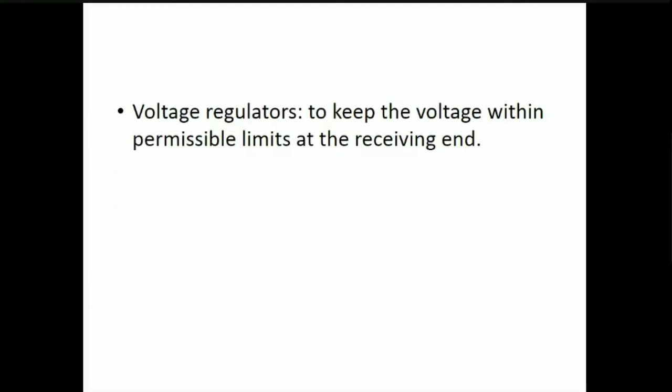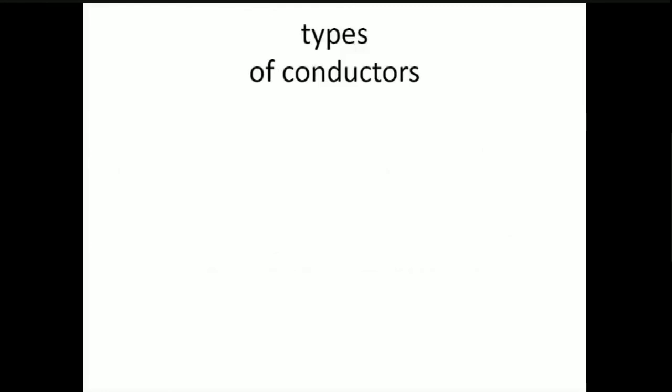Then at that time, the sending end voltage may not reliably reach the end consumer. So in order to avoid this drop or in order to compensate this drop, we need voltage regulators. They will adjust the voltage to the consumer requirement. So voltage regulators keep the voltage within the permissible limits at the receiving end.